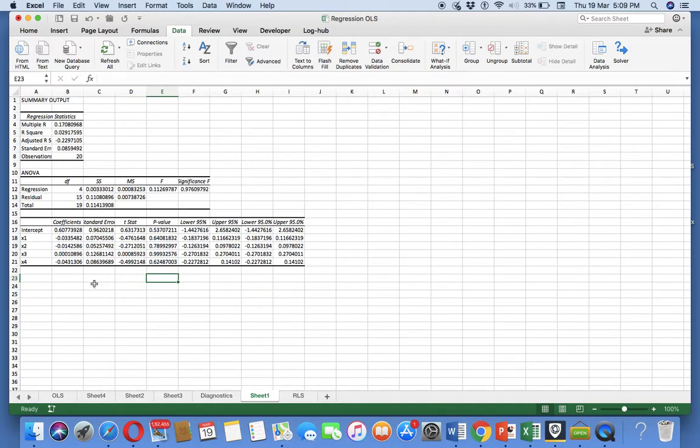However, to confirm whether heteroscedasticity exists or not, you calculate an F statistic, which is calculated as the mean sums of squares due to regression divided by n minus k.